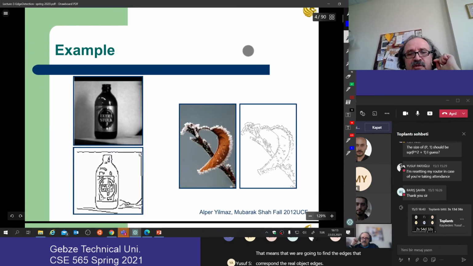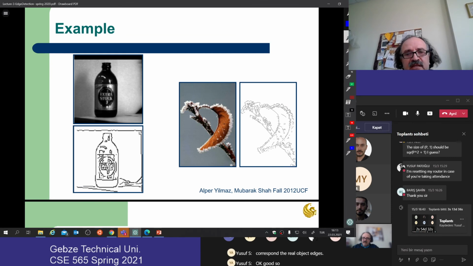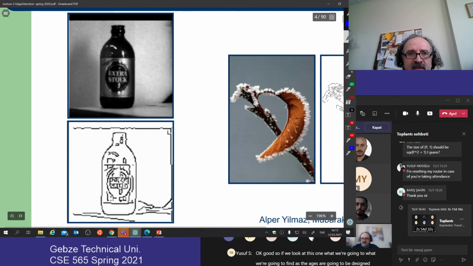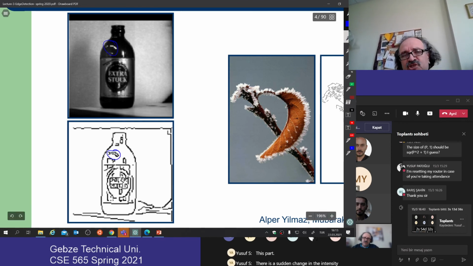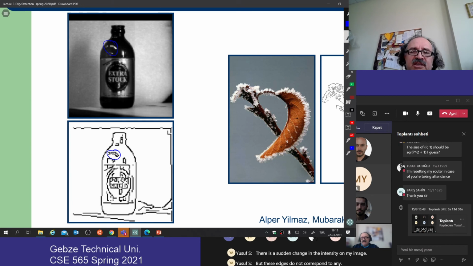Okay, good. So if we look at this one, what we are going to find as the edges are going to be these, unfortunately. See, there is this part, there is a sudden change in the intensity on my image, but these edges do not correspond to any object edges.